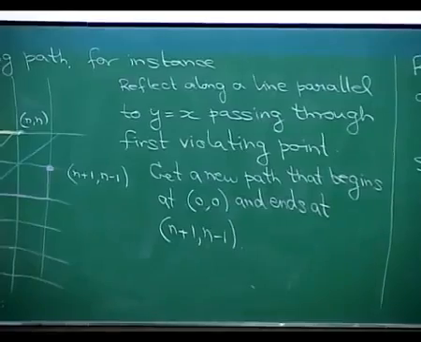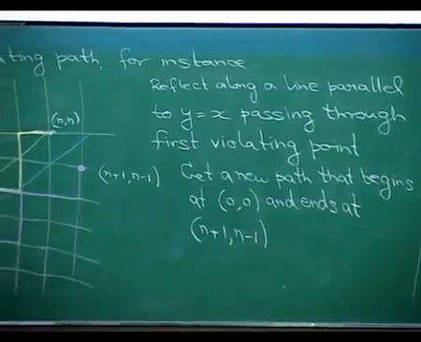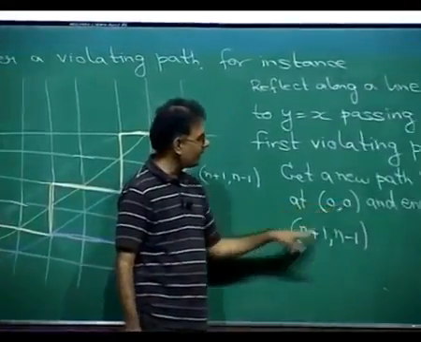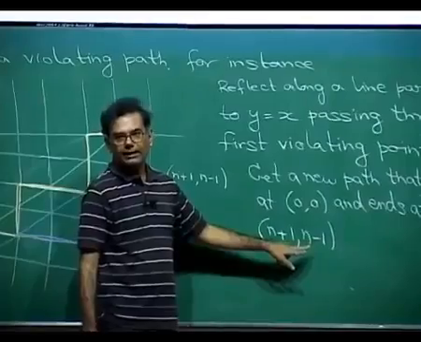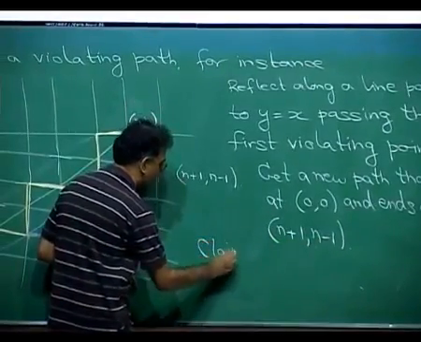Now, what I would like to assert is that the number of violating paths is exactly the same as the number of paths that begin at 0, 0 and end at n plus 1, n minus 1. So this is the main claim which has to be understood.